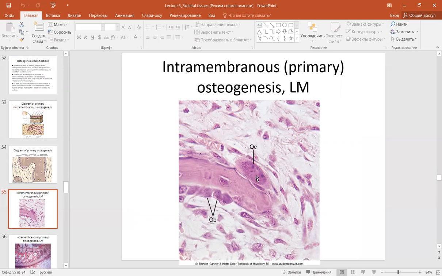This is an osteoclast, a bigger cell, forming house-shaped lacuna, and osteocytes embedded in the osteoid, hardened with calcium phosphate crystals. And here you have the mesenchymal cells, which will transform to either osteoblasts or later osteocytes.